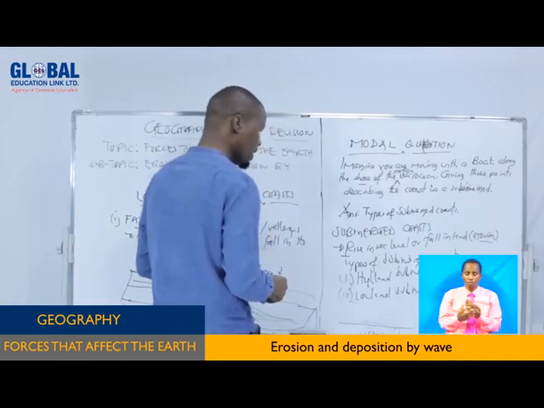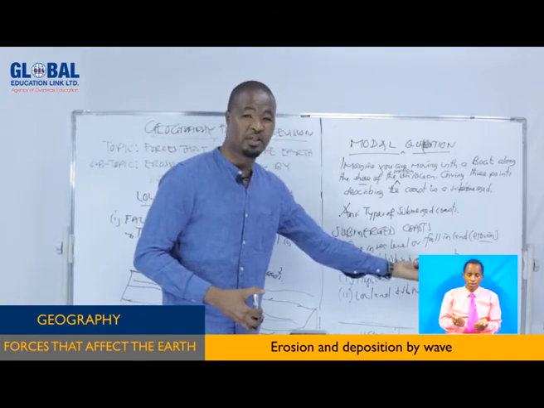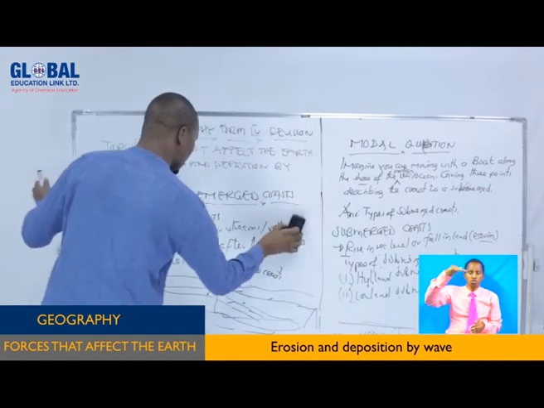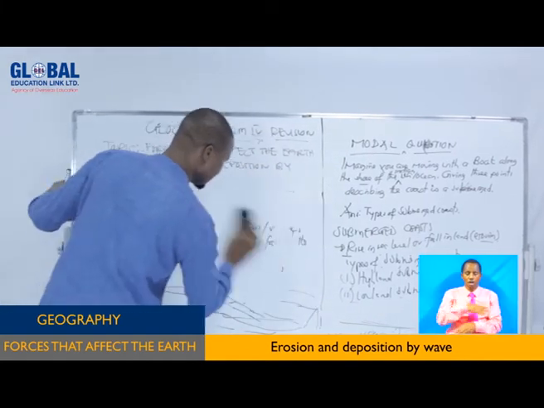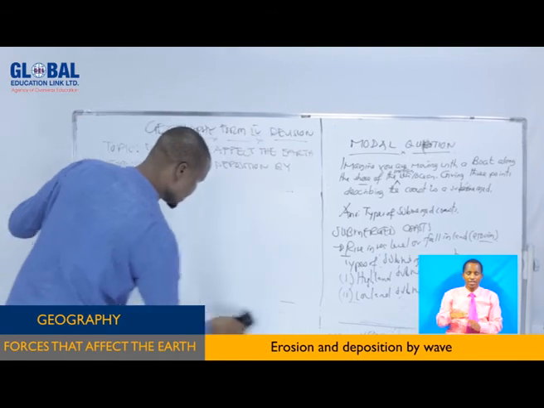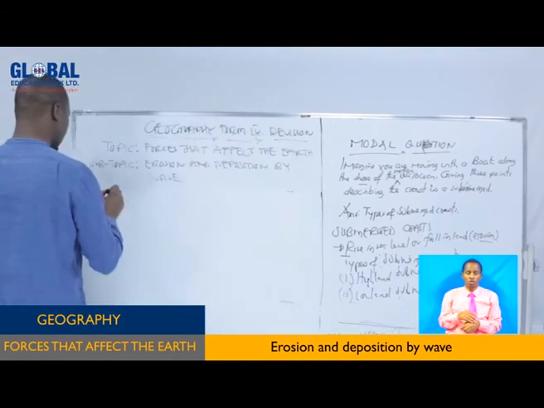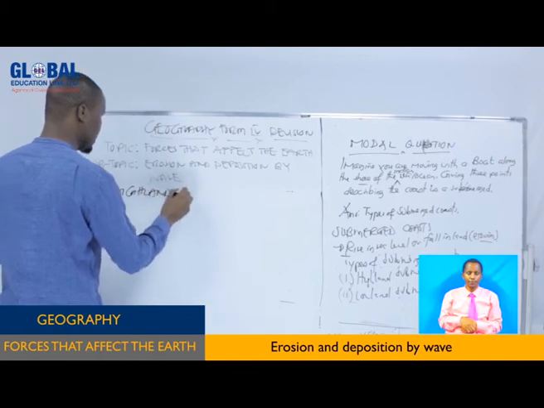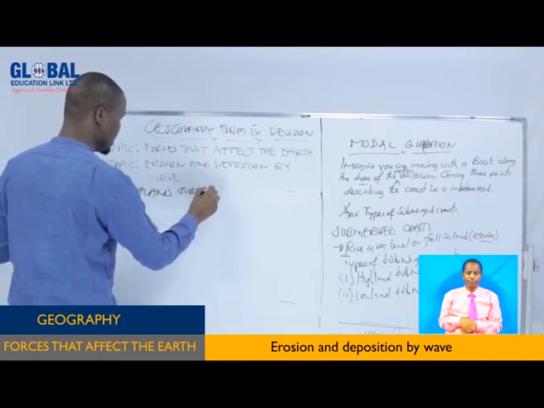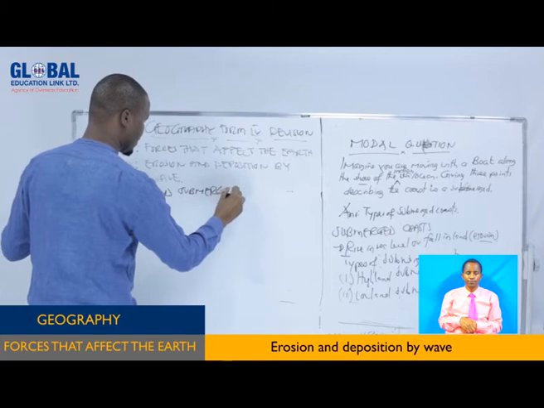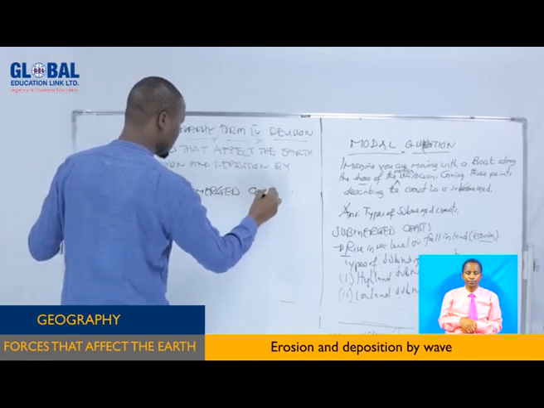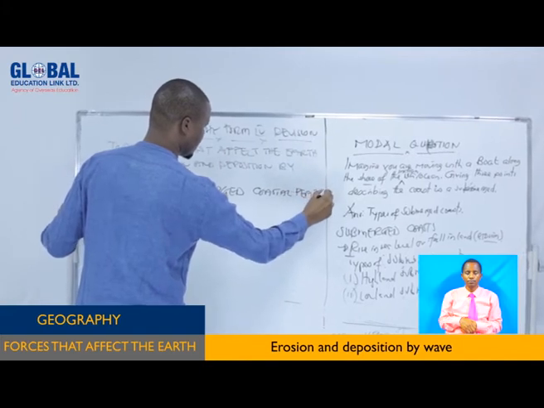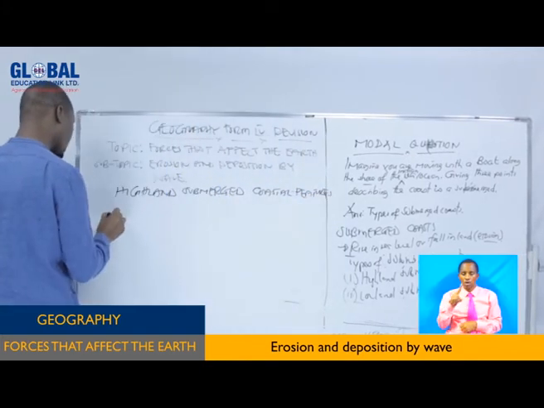So the point is we can use the highland submerged coastal features to prove the statement. So what are these? Let's deal with the highland submerged coastal features. It means right now we're talking about the ria coast.